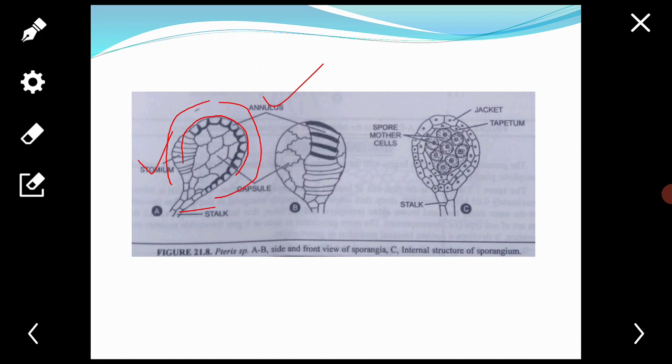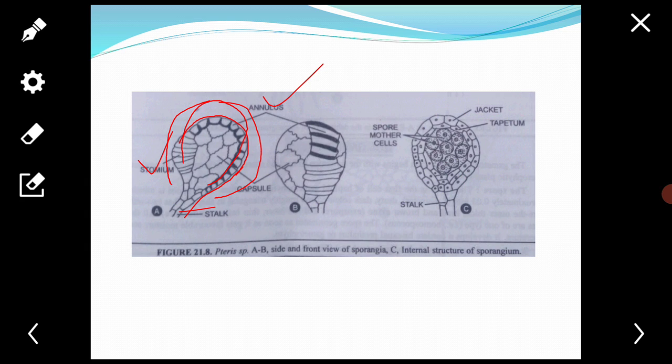It begins from the stalk on one side, runs to the top and extends up to about halfway to the other side, where it joins with the epistomium.